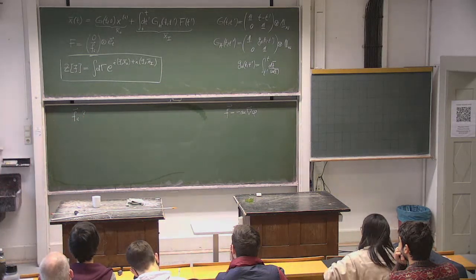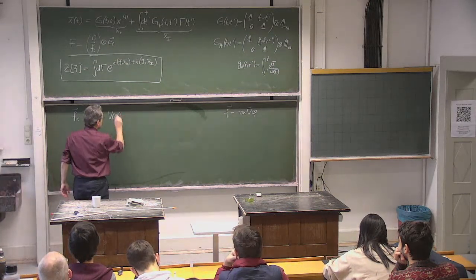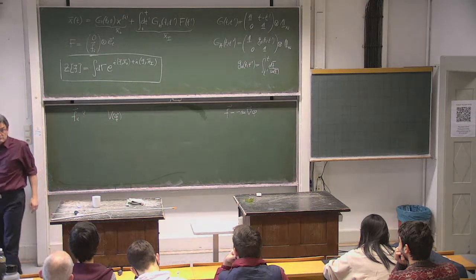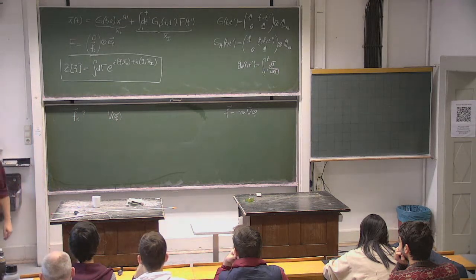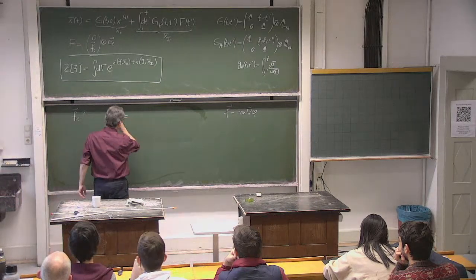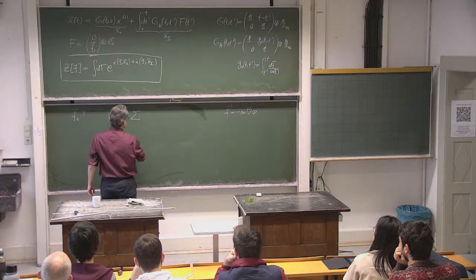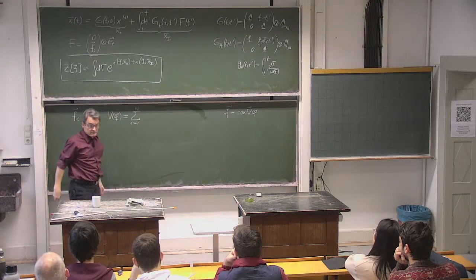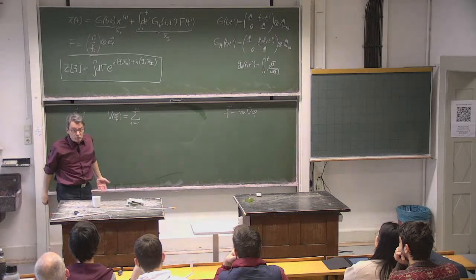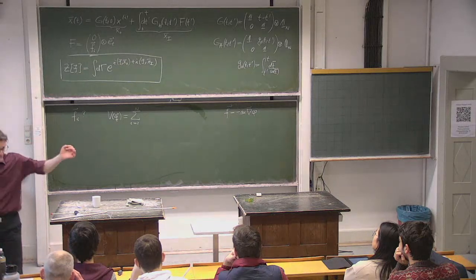The complete potential at position Q contributed by all the particles is what? Well, this is the sum over all particles of the one particle contributions to the potential. So each particle is a point mass.